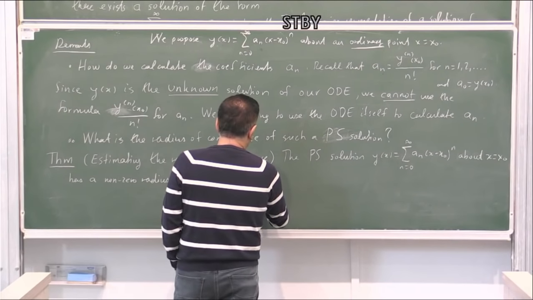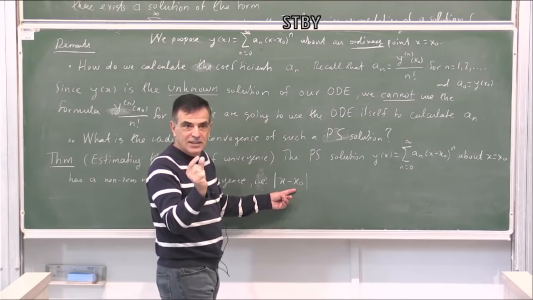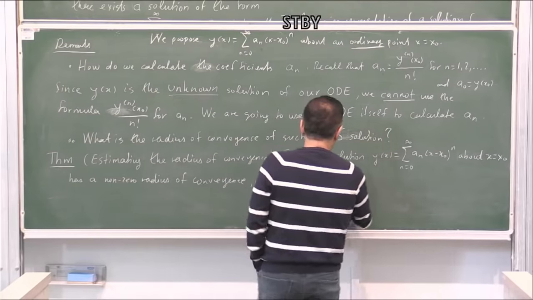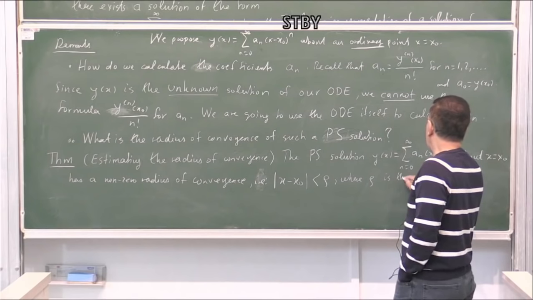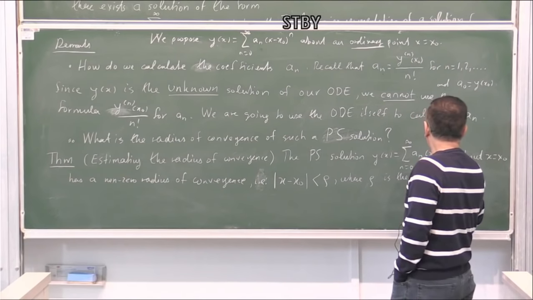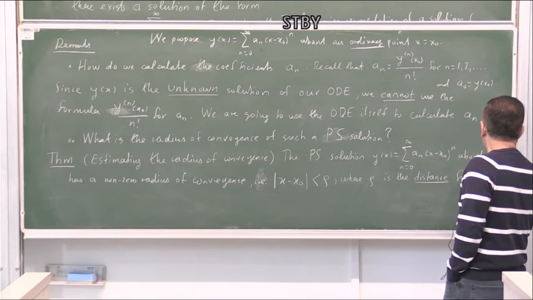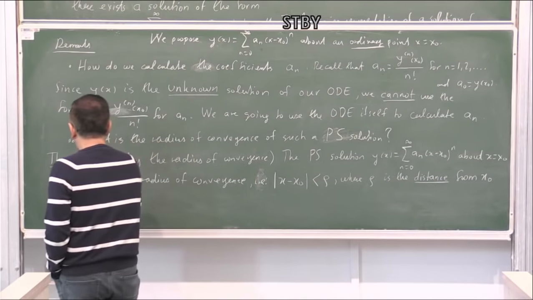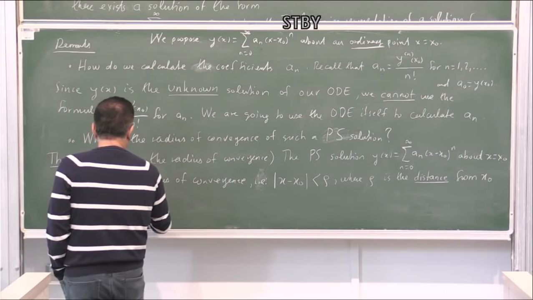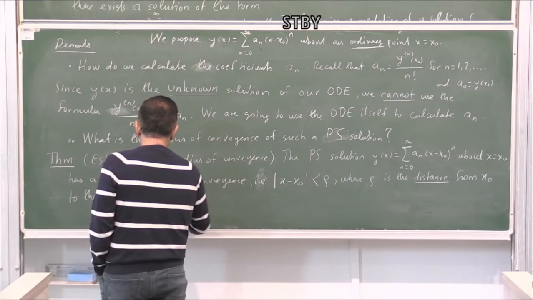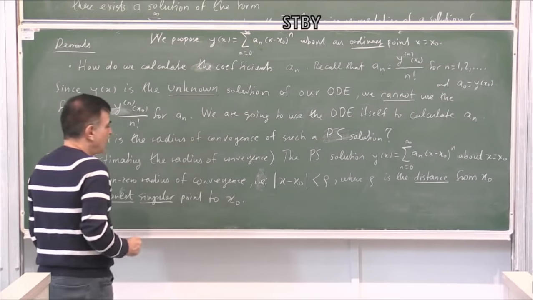That is, it is possible to find an x interval centered at x0 where rho is the distance from x0 to the nearest singular point to x0, if there is any.